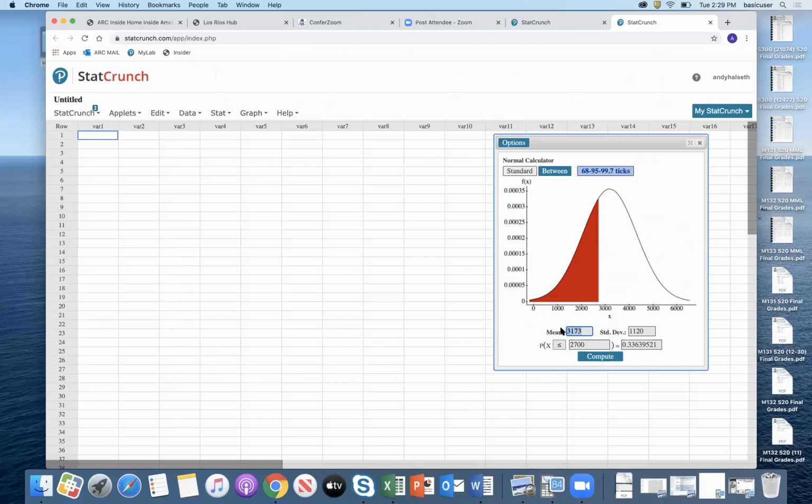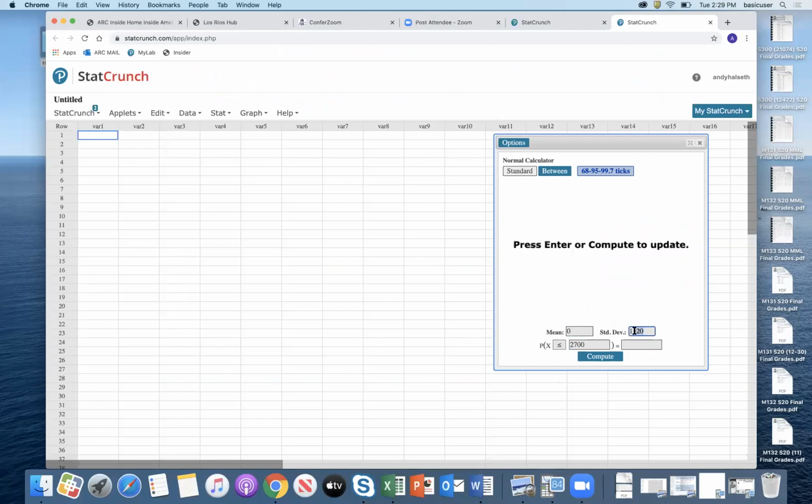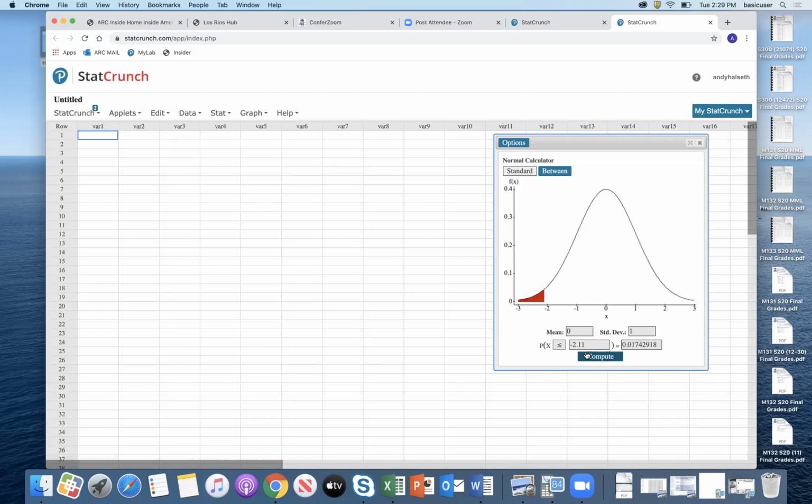Since I found the z, I've got to have mean 0, standard deviation 1, and then I'll put the z-score there, negative 2.11. I'm getting 0.0175, final answer.